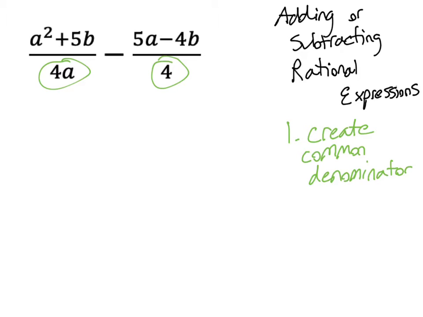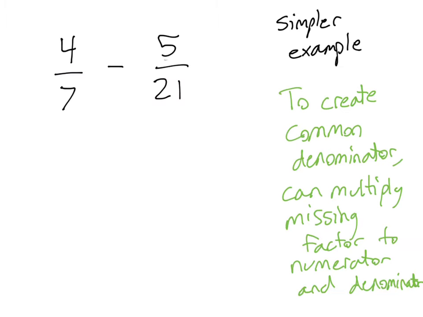To review, let's look at a simpler example first that just involves some numbers, and then we'll return to that problem. To create a common denominator of two fractions, what we can do is multiply something that is missing from one denominator into that denominator.